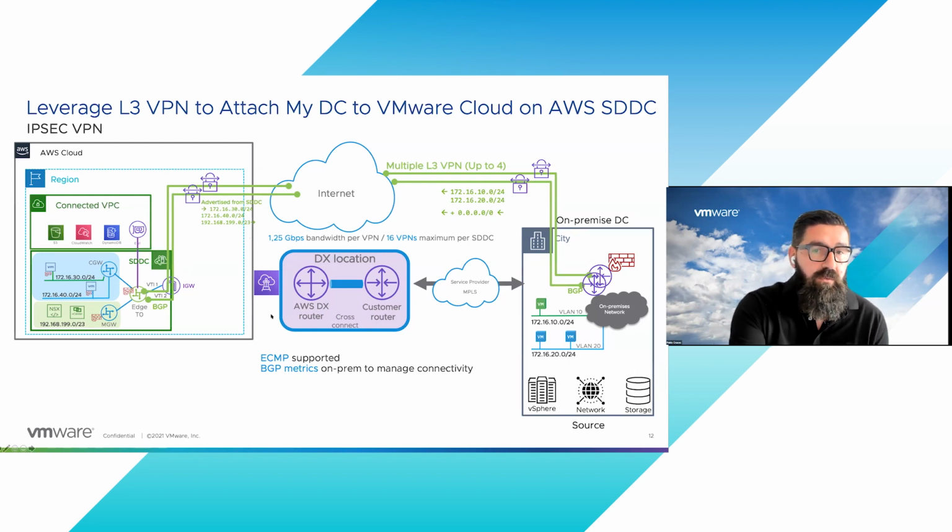In this example, you can see the subnet for our compute gateway, where our workloads are running, and our management gateway, where there are the ESXi hosts, NSX components, and everything regarding the management from VMware. And it will go through the internet to our on-premises data center. We have to say that here we can support ECMP and also BGP metrics on-prem to manage connectivity.